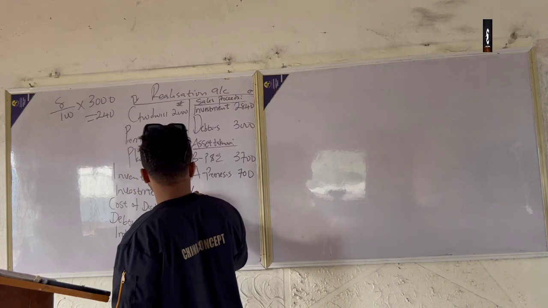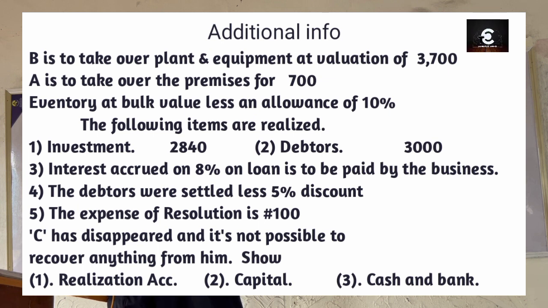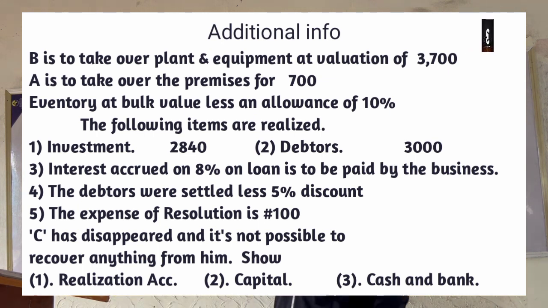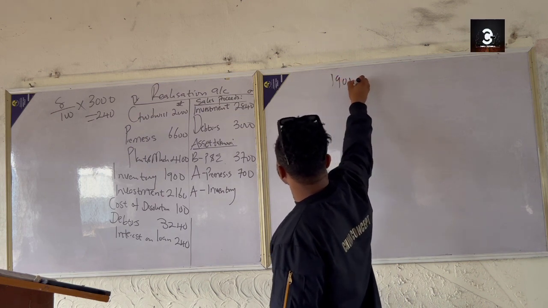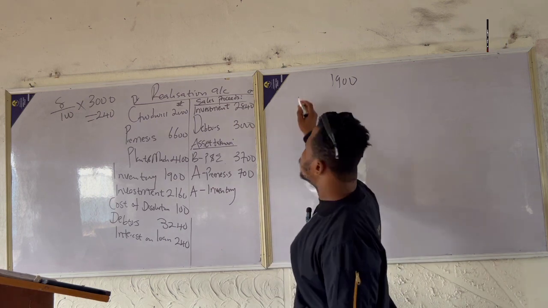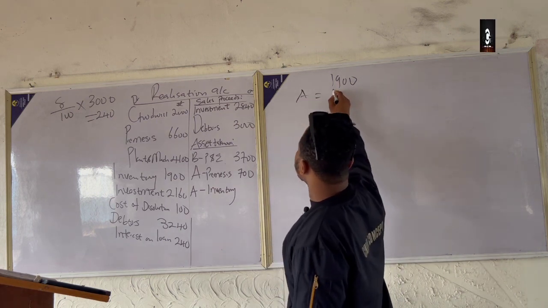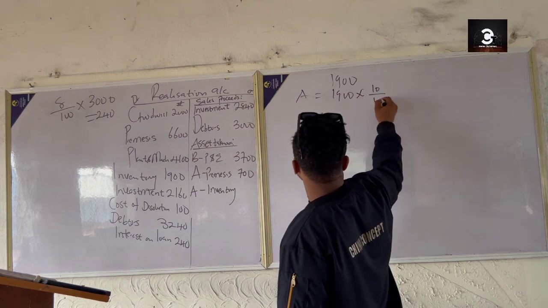Then this same A took over inventory. The examiner says that A took over inventory at book value less 10% discount. The book value, the cost of this inventory, is 1,900, but we are giving it to A at 1,900 times 10 over 100.